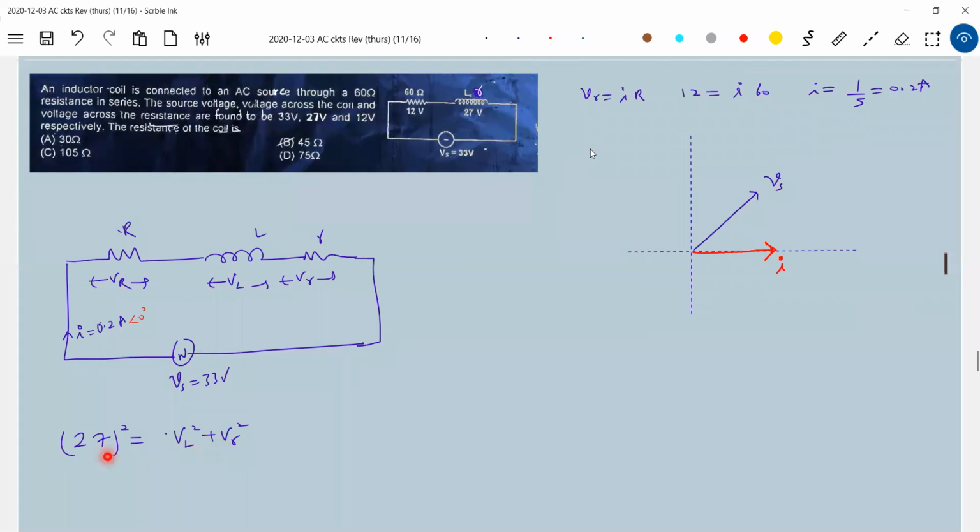No, this 27 volt, will it lag or lead compared to current? Because what is VR? VR is this one. So where do I take this 27 volt, shall I take it to be here, or should it be here? So this 27 volt, shall I bring it here?